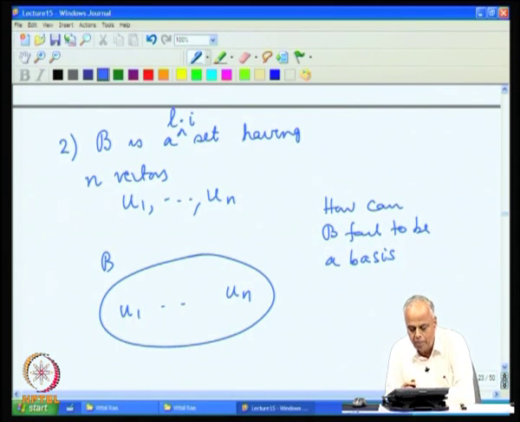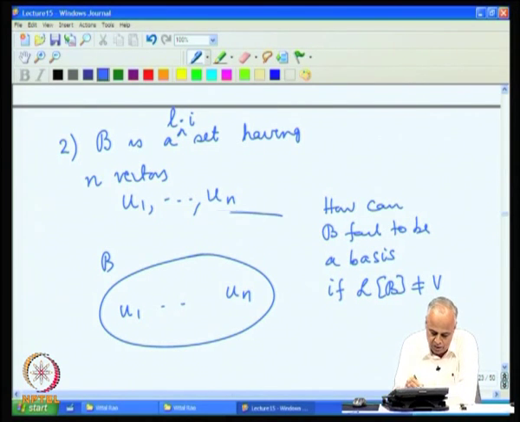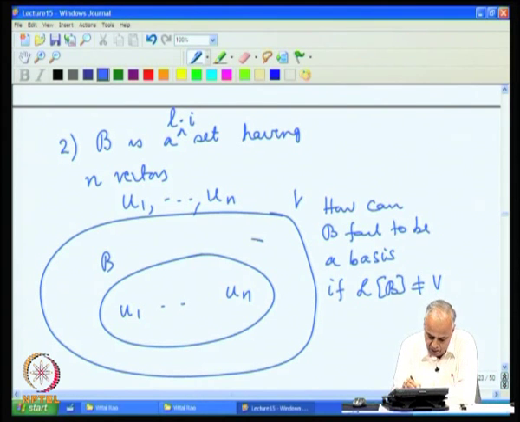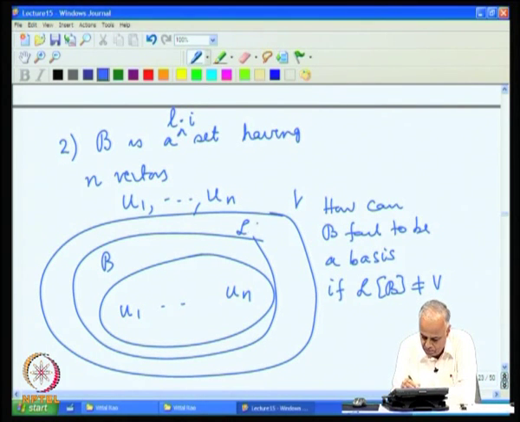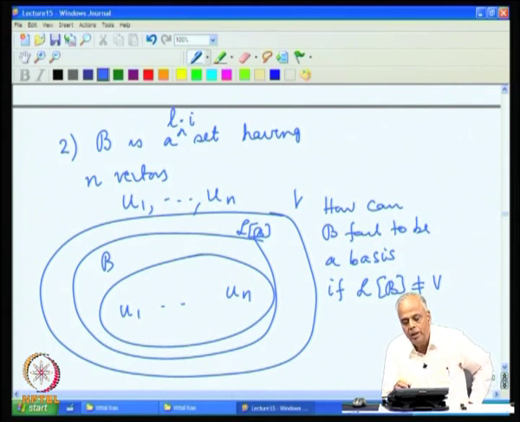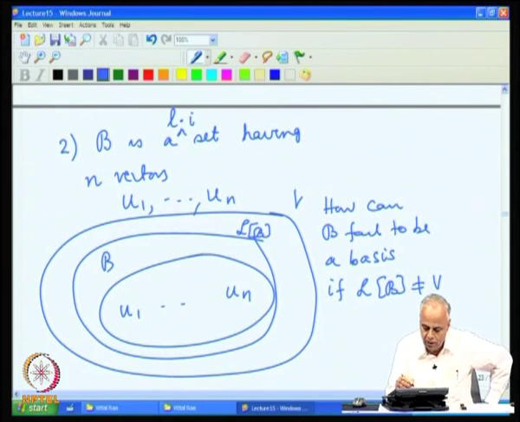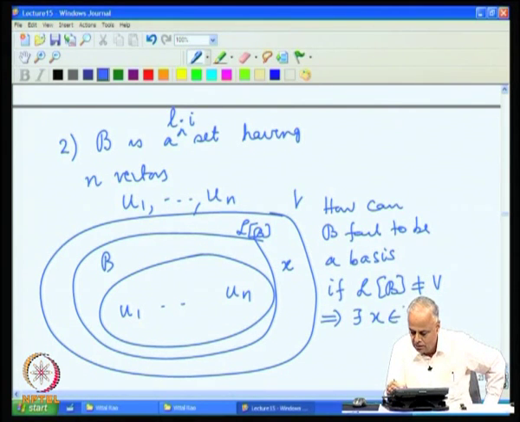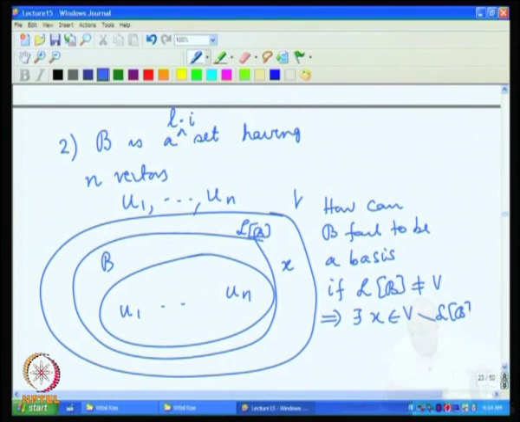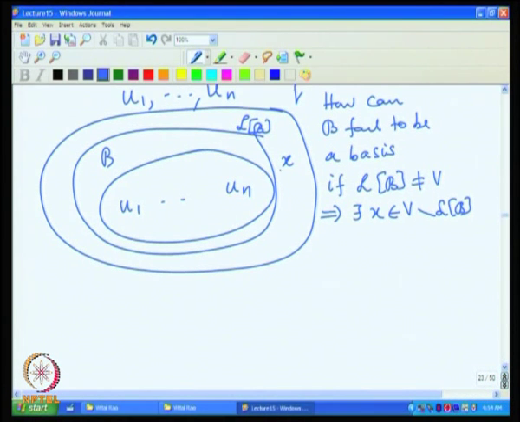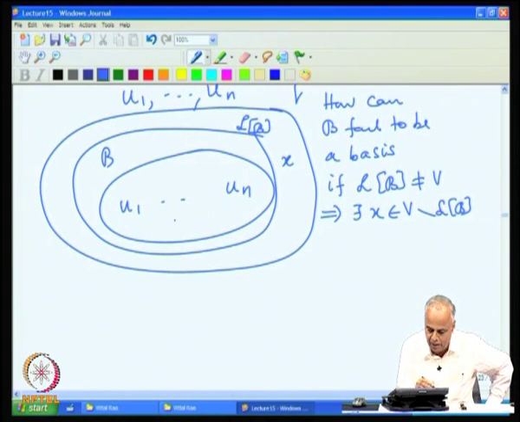It can fail to be a basis if it fails to span the whole space, that is, if L(B) is not equal to V. So, here is V and this is L(B). If so, then there is a vector x outside L(B).